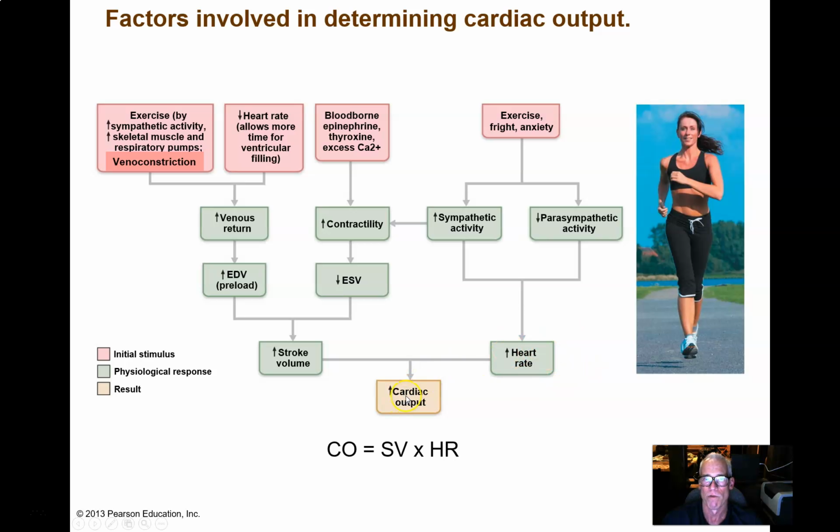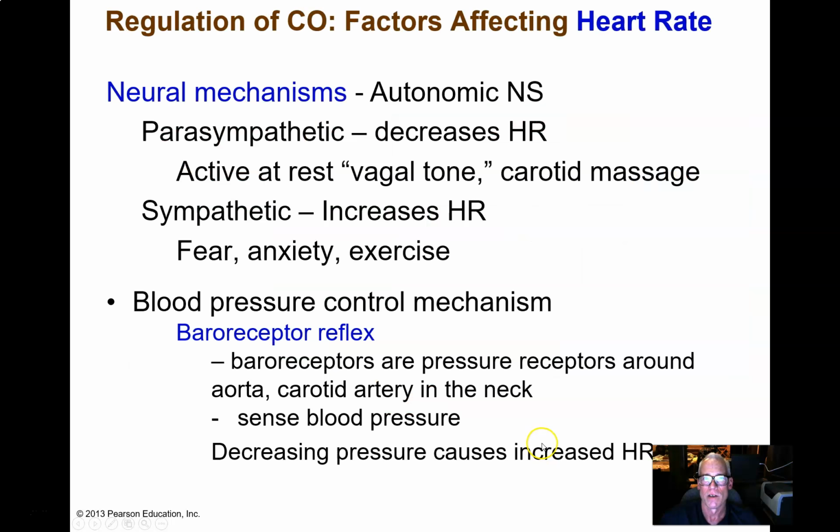It's just making the heart work for nothing. There's not time to fill the heart with more blood if you go any faster than that. So it's designed well. Also, during exercise, you decrease parasympathetic activity, which lowers heart rate, which in fact has tonic activity at rest. Turn off the parasympathetic, turn on the sympathetic, increase heart rate, increase cardiac output. Really important, fundamental, great stuff for understanding the cardiovascular system.